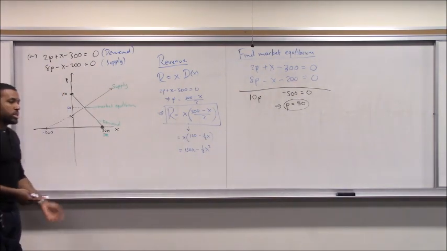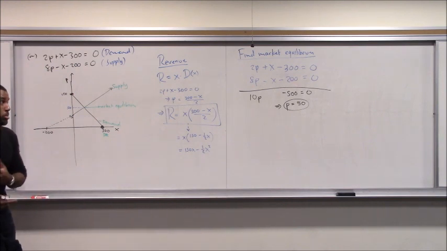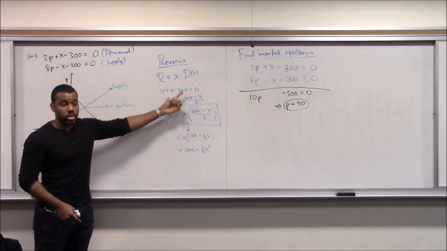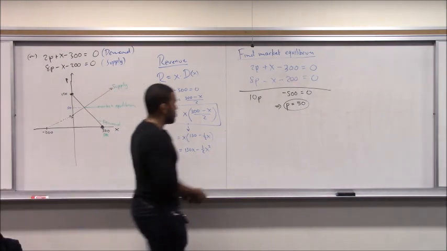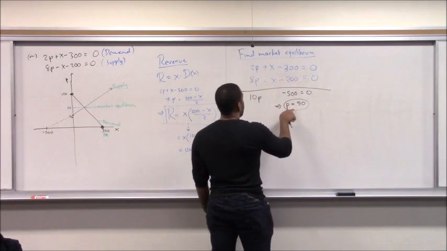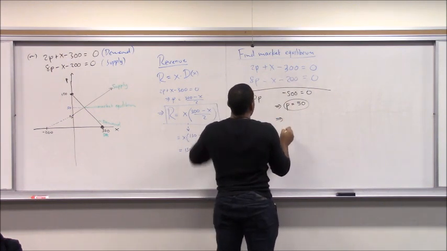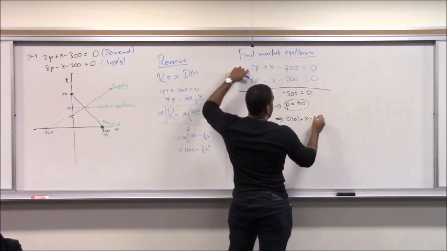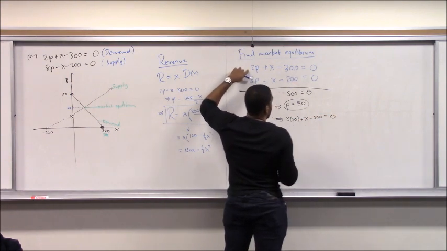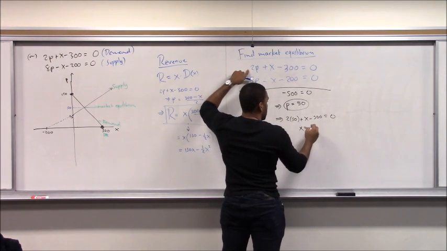They could have also phrased it as find the number of items they need to sell to achieve market equilibrium. And in that case, you're solving for the x. But right here we have the p. Once we have the p, we can go to any one of these and find the x. So I would just maybe use the first one. 2 times 50 plus x minus 300 equals 0. That's 100 plus x minus 300, so your x would be 200.